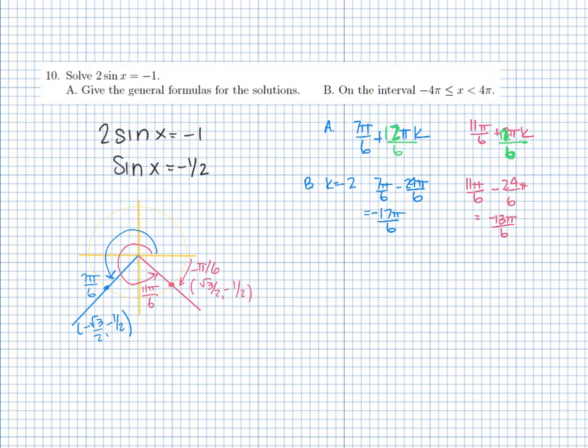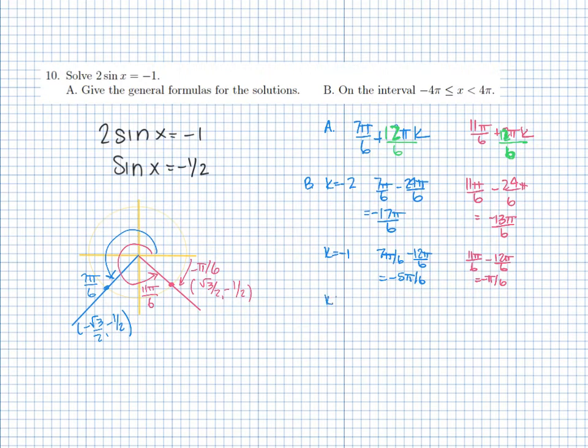We'll do this again by making k be 1 bigger. If k is -1, 7π/6 minus 12π/6 equals -5π/6. And in the pink one, we have 11π/6 minus 12π/6, which gives us -π/6.